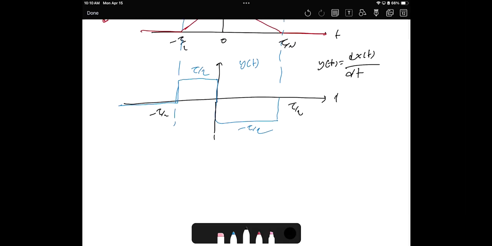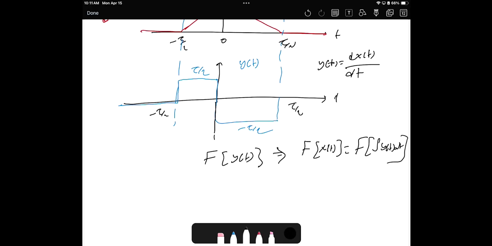So the Fourier transform of x of t will be the Fourier transform of the integral of y of t dt. And for the integral we can apply the property, which is 1 over j omega, etc.